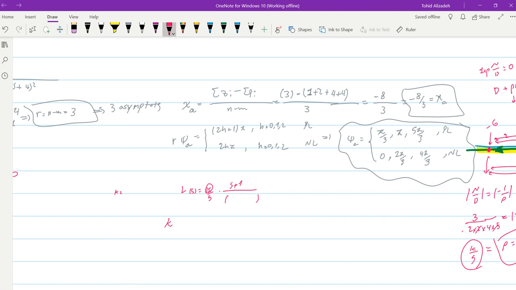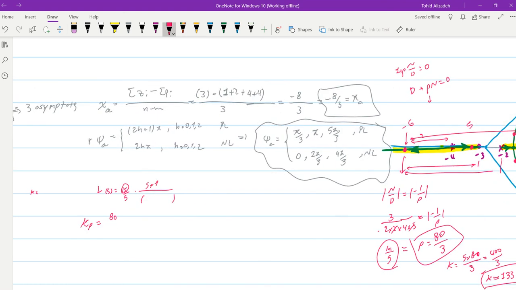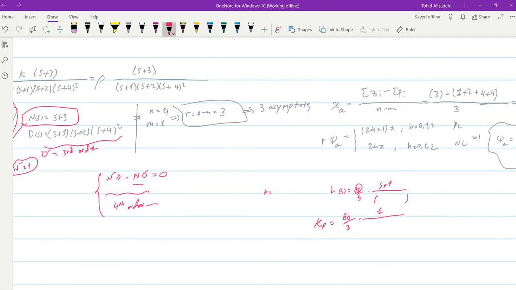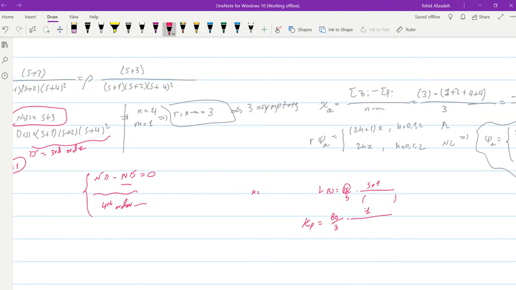Therefore, we can find out kp for this. It's a type 0 system. Kp will be equal to 80 over 3 times, for the numerator we have s plus 3.